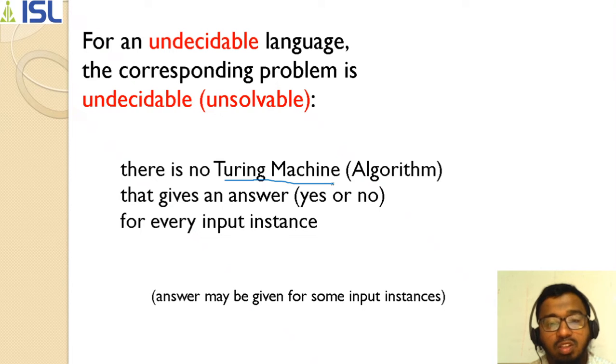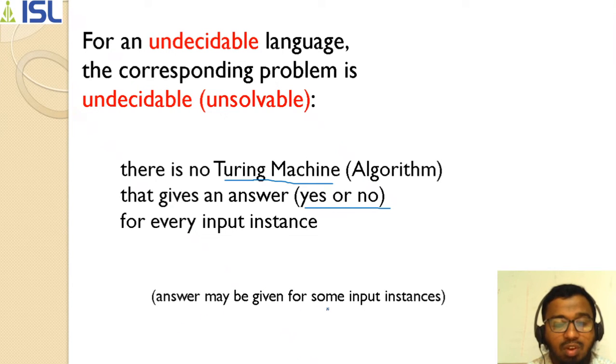With the help of the decider, we were getting the decision, the answer yes or no, or it will halt. But in the undecidable language, we don't have a Turing machine.